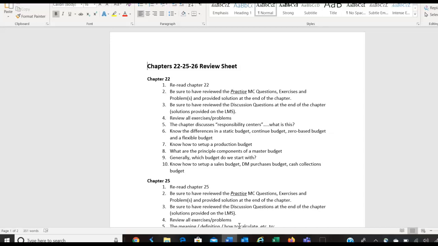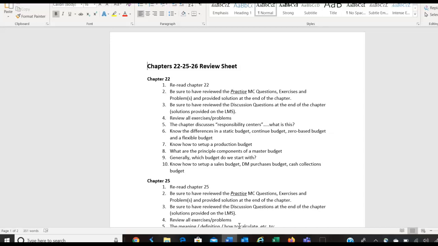And number 10, know how to set up a sales budget, a direct materials purchases budget, and a cash collections budget. For the sales budget, look at Exhibit 9 on page 1108. The direct materials purchases budget, look at Exhibit 11 on page 1110.